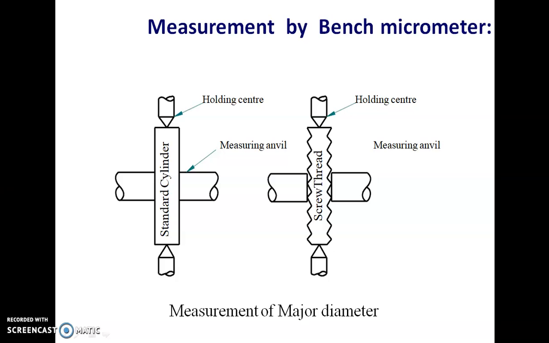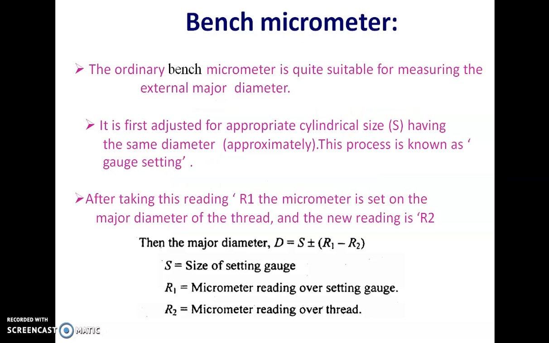So instead of calculating directly from the micrometer reading over the thread, a standard cylinder is used: standard cylinder size plus the micrometer reading over the standard cylinder minus the micrometer reading over the thread. This is plus or minus.